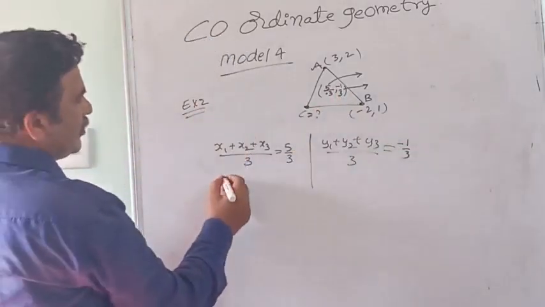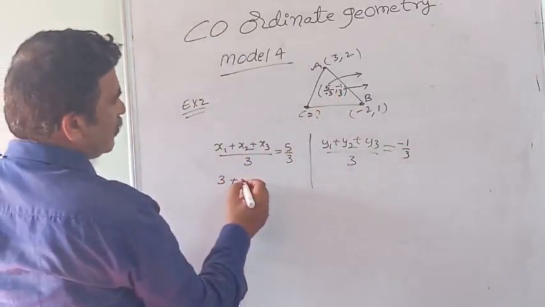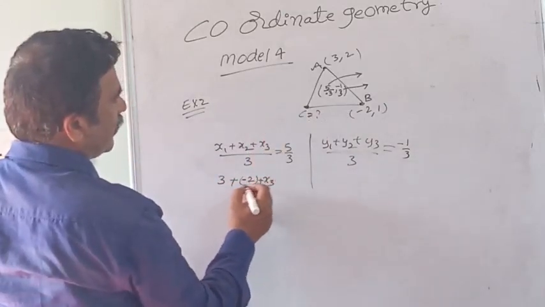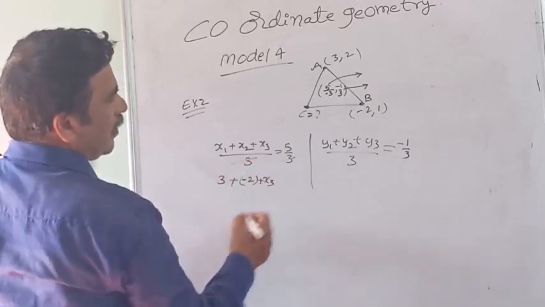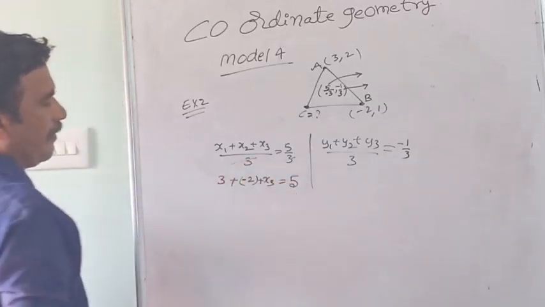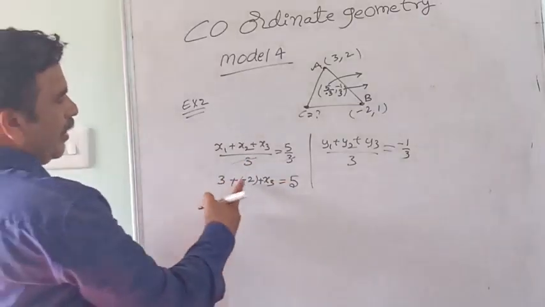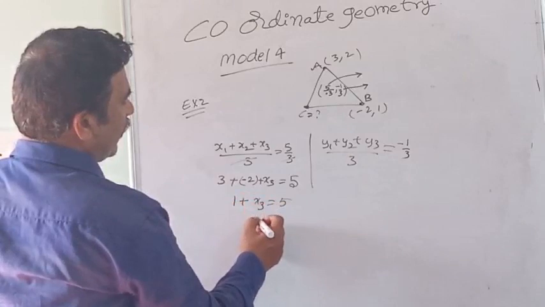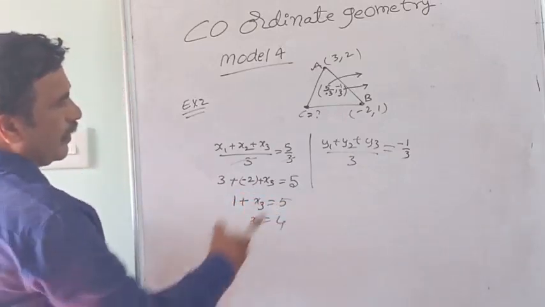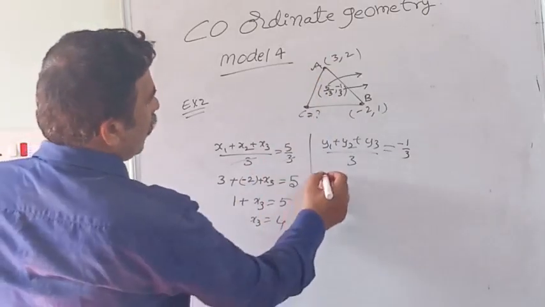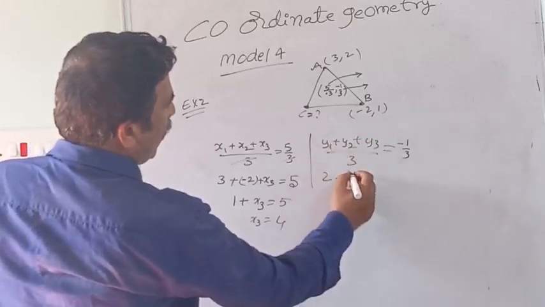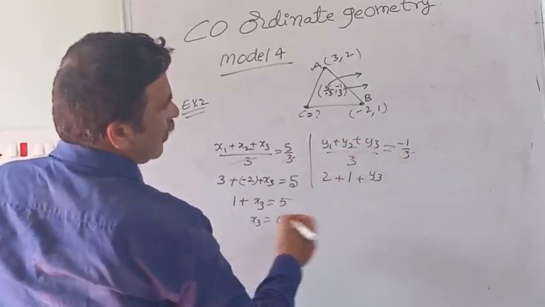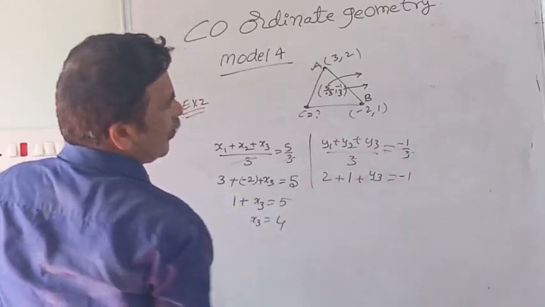Now x1 how much, 3, x2 how much, minus 2, x3 we don't know, x3 only write, 3 3 cancel, is equal to 5. Okay, 3 minus 2, 1, 1 plus x3 is equal to 5, x3 is equal to 4. Here also substitute y values, y1 2, y2 1, y3 we don't know, that only, 3 3 cancel, this value is minus 1 only.